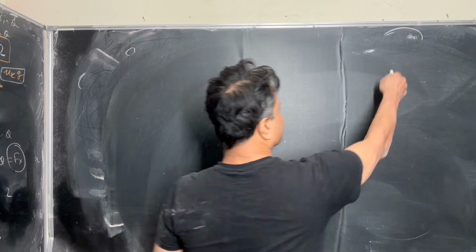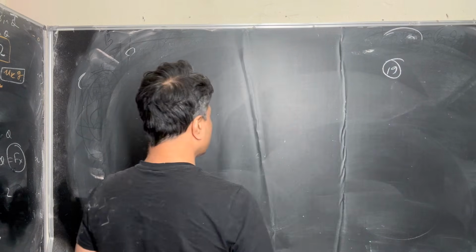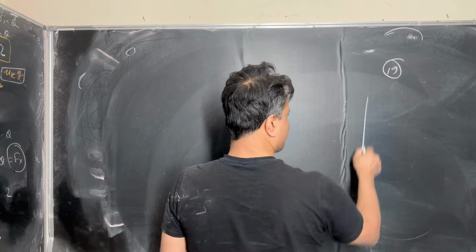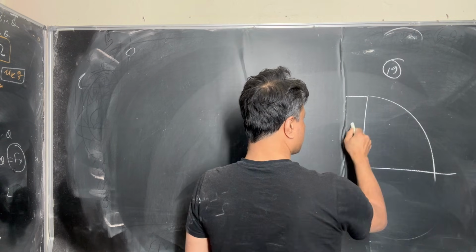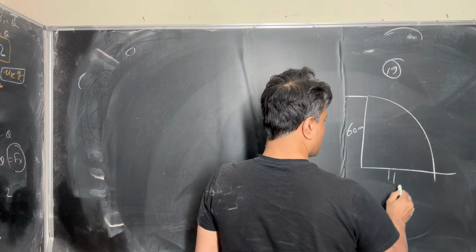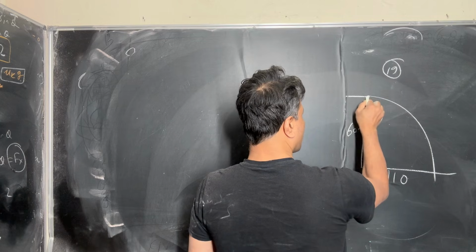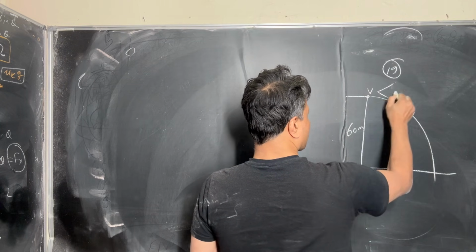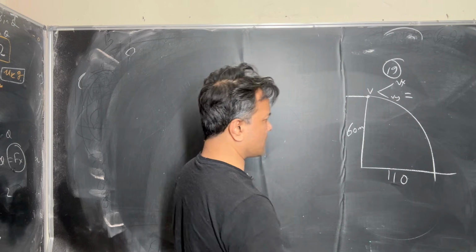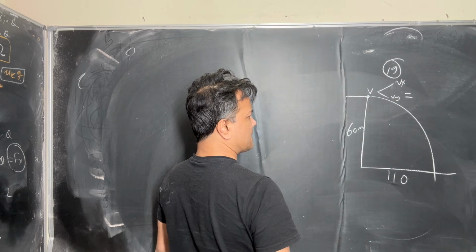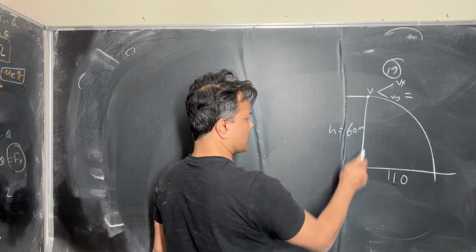Problem number 19. So this is 60 meters. This is 110 meters. At what velocity? Vy is always 0 when you jump off of the rooftop, height h.